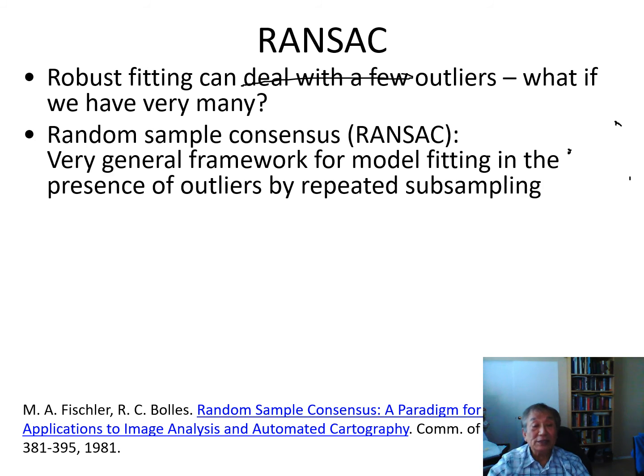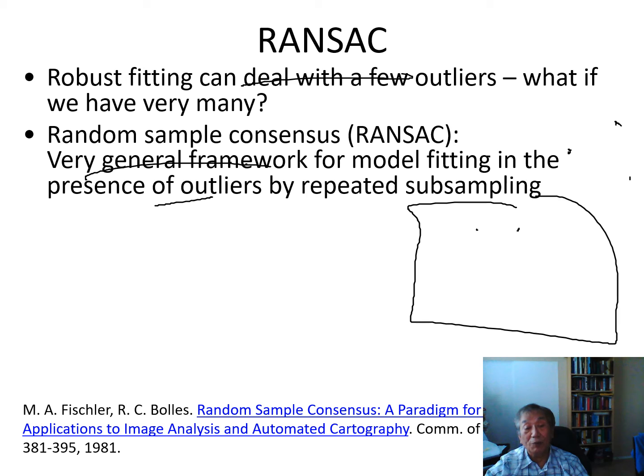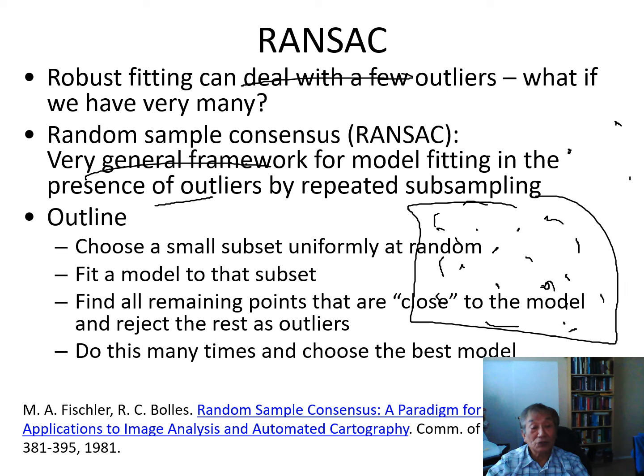In the case of random sample consensus, what they do is sample from the whole picture. You sample random numbers from everywhere, and then try to see how many of them fit best. So they choose a small subset uniformly at random, this chunk, this chunk, this chunk, this chunk.